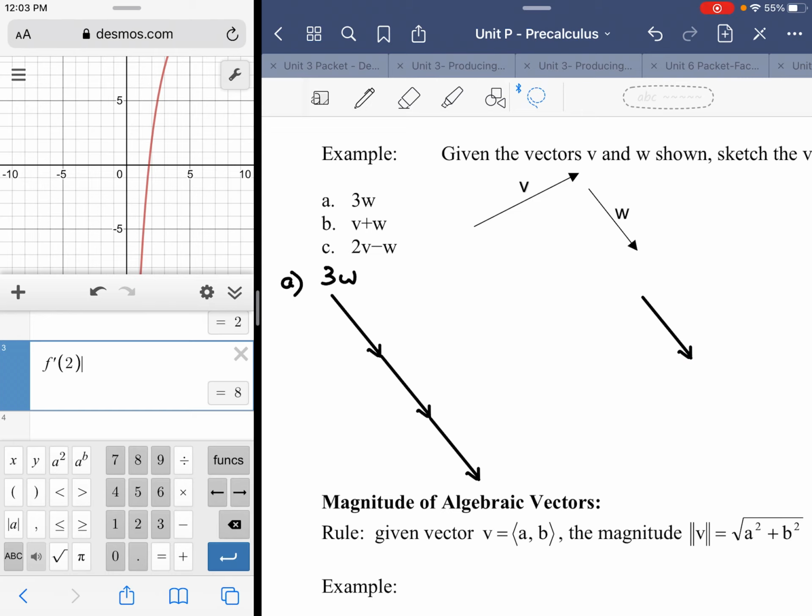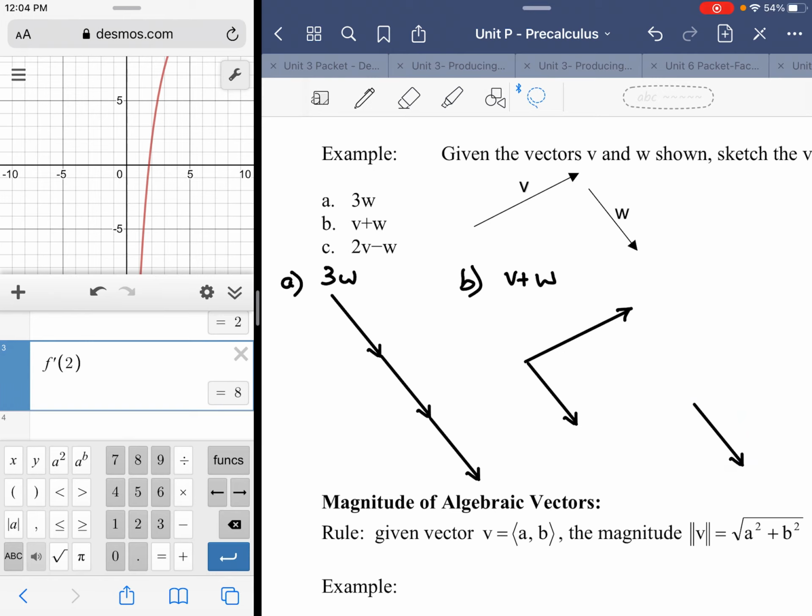Vector v plus w, same idea. We need two vectors, each corresponding with the appropriate piece of the operation. So we have here, this is v. Pull that down. And this is my w. I prefer the parallelogram approach. I know physics people like the tail to tip, and math people like parallelogram, for the most part.